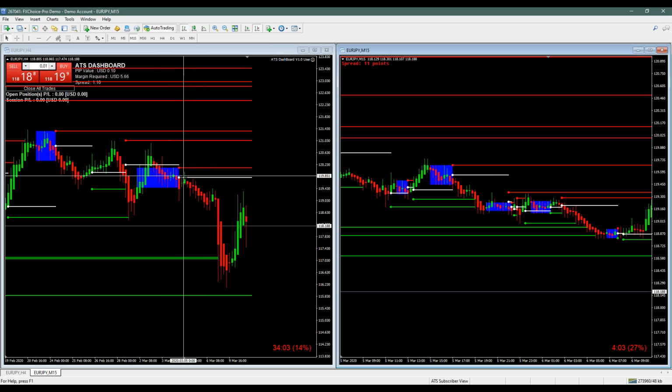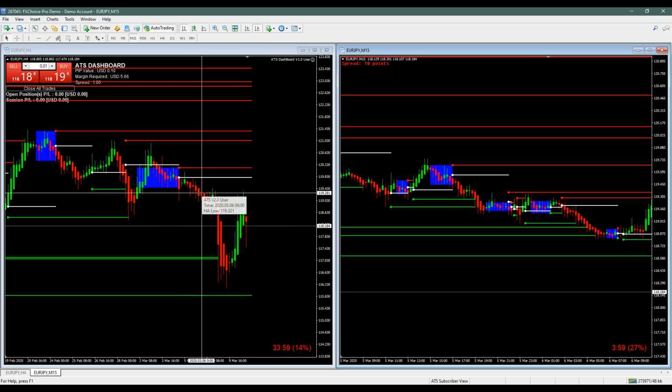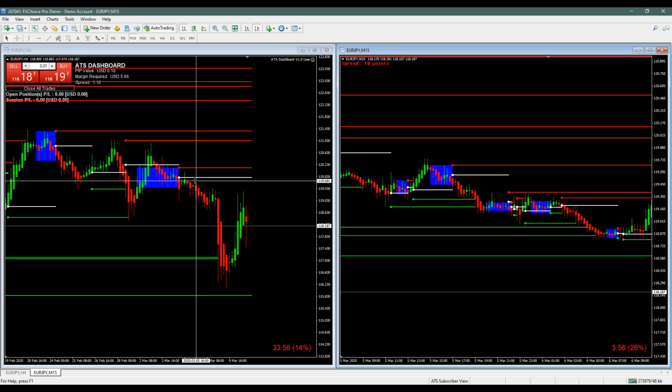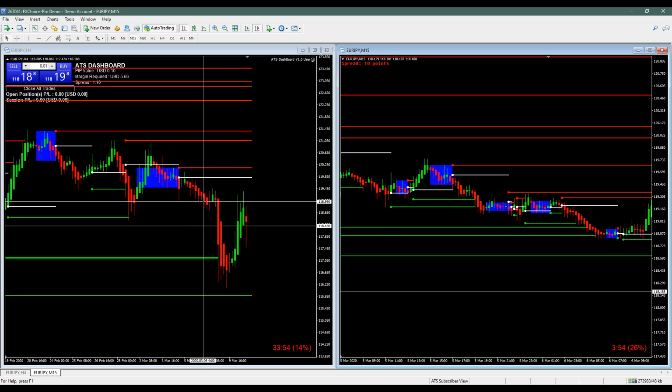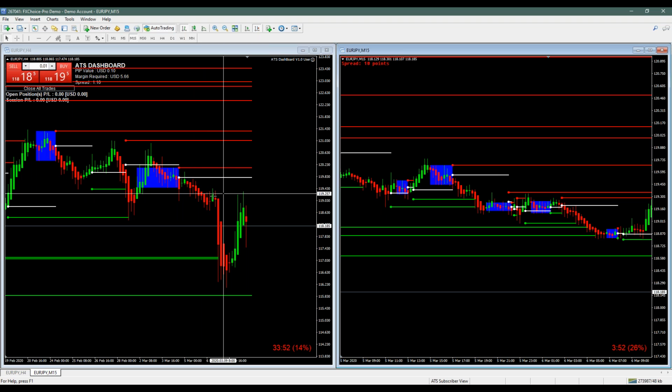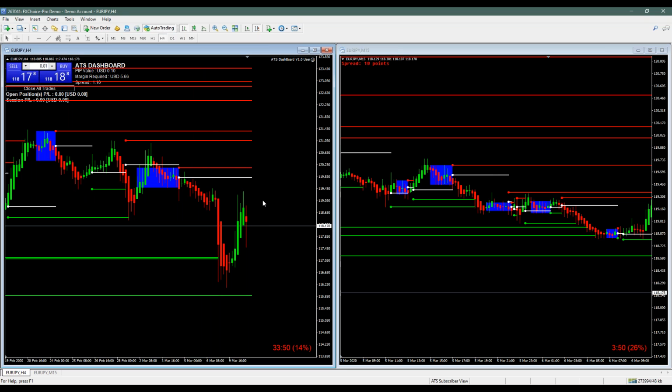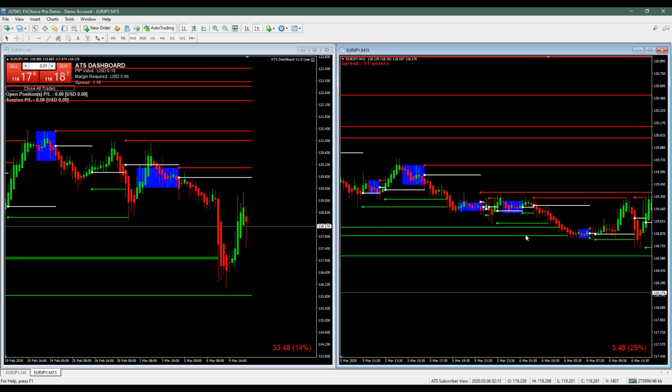We see that price settled underneath this expansion line, and then from this point, we're under the daily expansion line. We're under the 4-hour. Lots of stuff is pointing towards the short side.